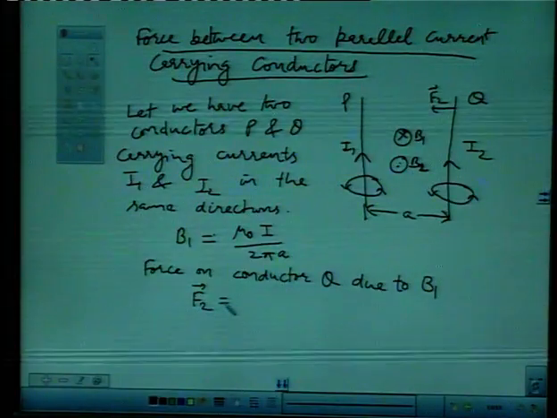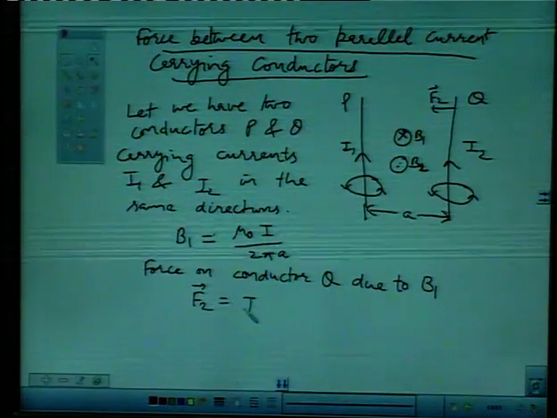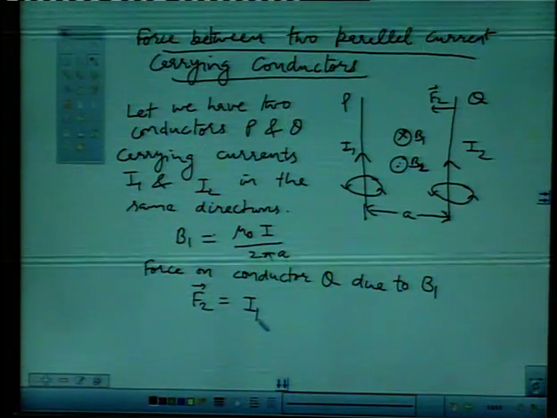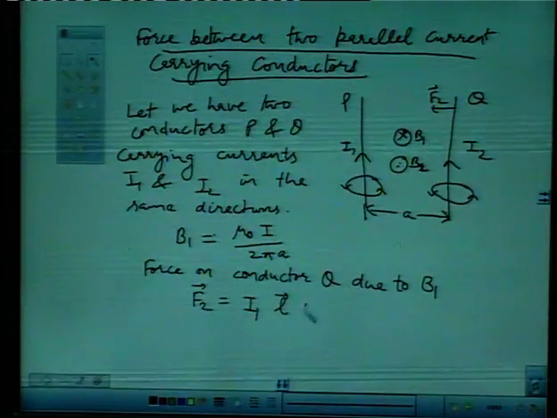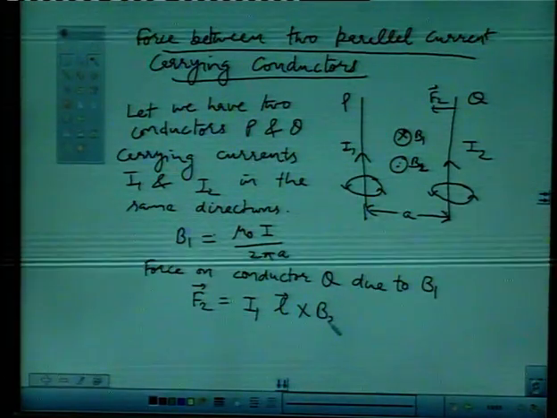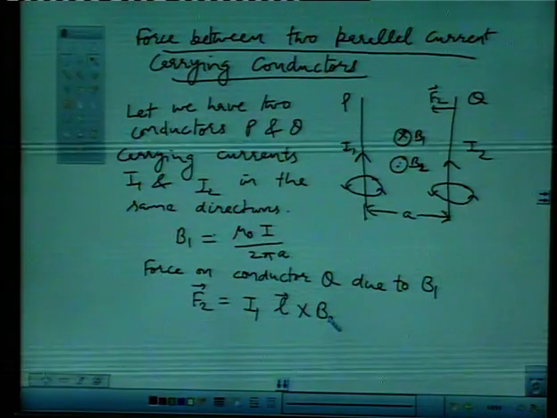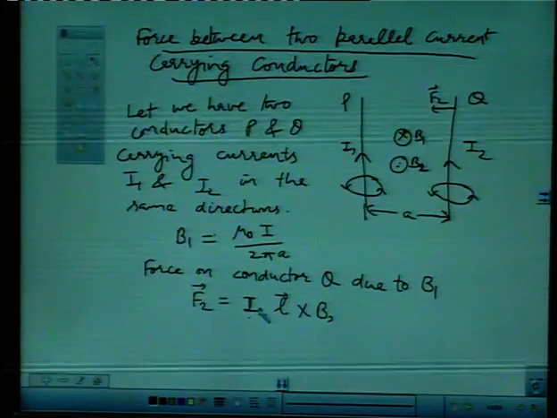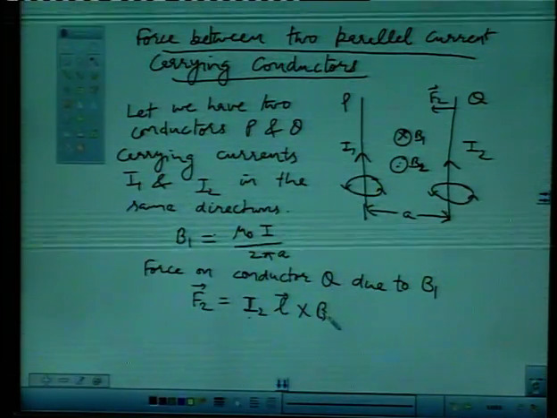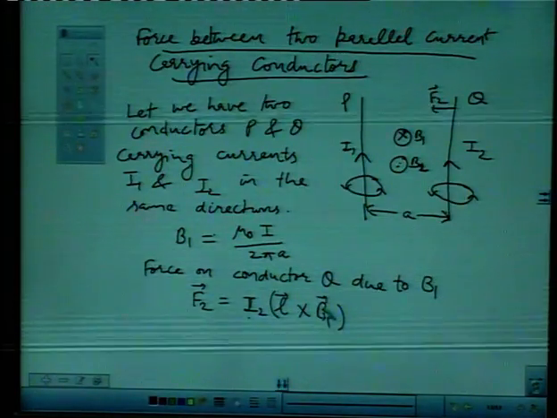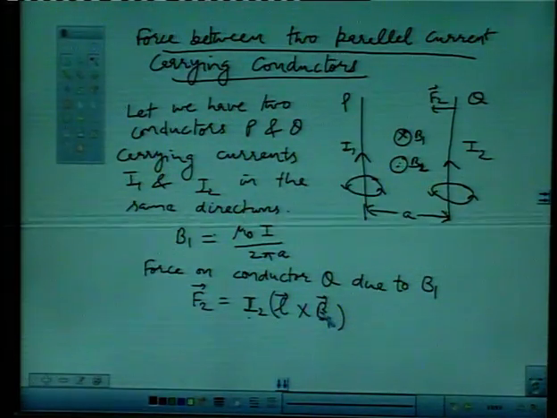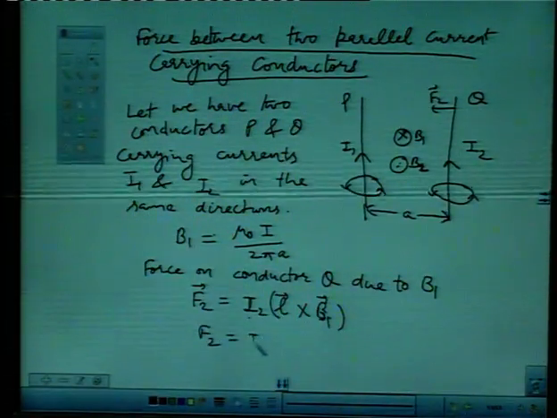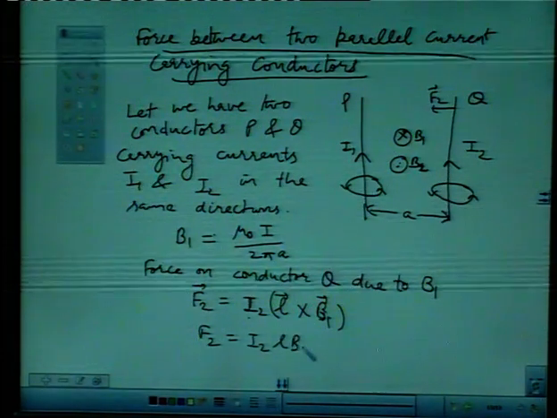The force F is equal to the current I2, length L vector, cross the magnetic field due to the first conductor, B1. So L and B1 are perpendicular. We have F2 is equal to I2 L B1.